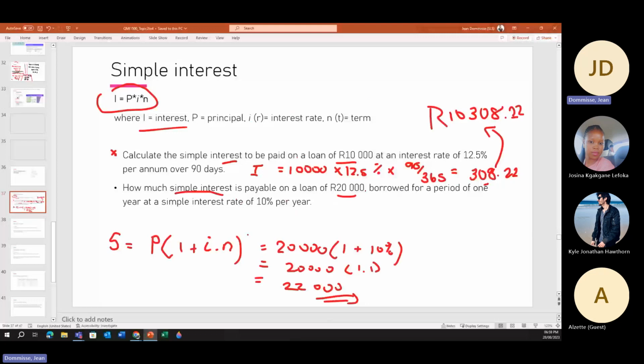Okay, but here is an extra formula for you that you can use if you wanted to do it this way without working out the interest component first and then adding it. You can use this formula for that. Yes, perfect. You could have done that as well. So you could have said 22,000 minus 20,000 and get your 2,000, spot on.